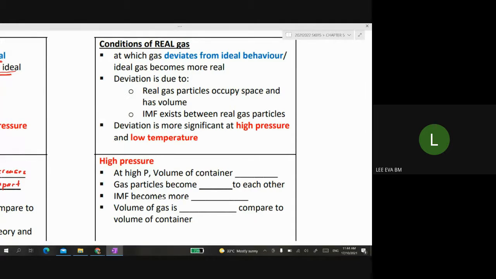At which a gas deviates from ideal behavior. What does the word deviate mean? Any suggestions? Different. Different? Okay, accepted. Anything else? What do you understand about deviate? Deviation? Deviate?